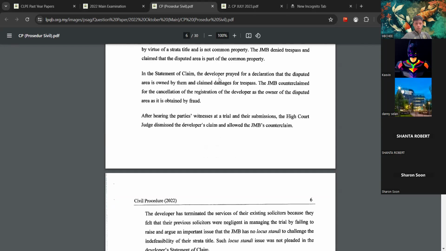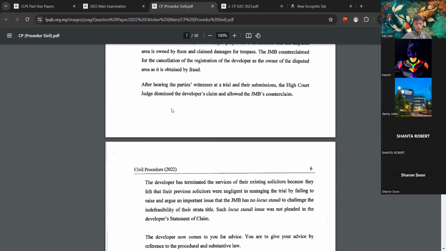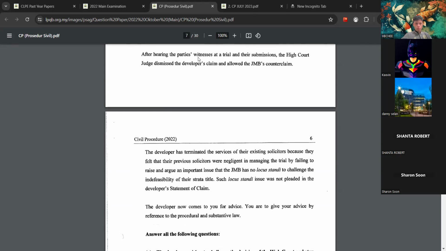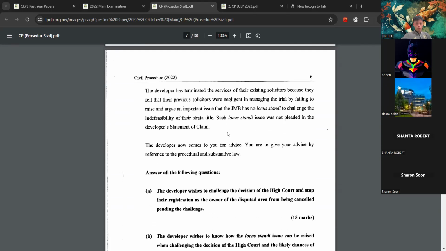In the statement of claim, the developer seeks a declaration that the disputed area is owned by them and claims damages for trespass. JMB counterclaims for the cancellation of the registration as the owner of the disputed area as it was obtained by fraud. After hearing the parties' witnesses and their submissions, the High Court dismissed the developer's claim and allowed the JMB counterclaim.